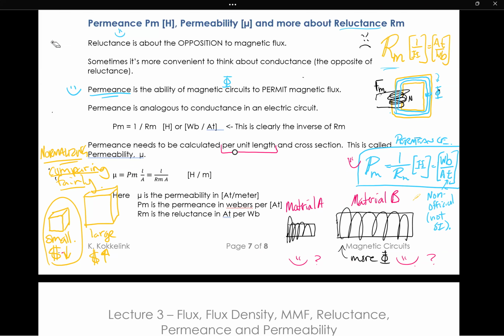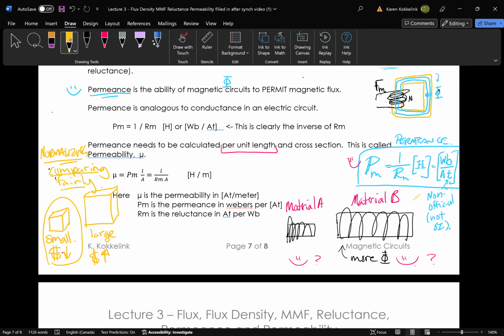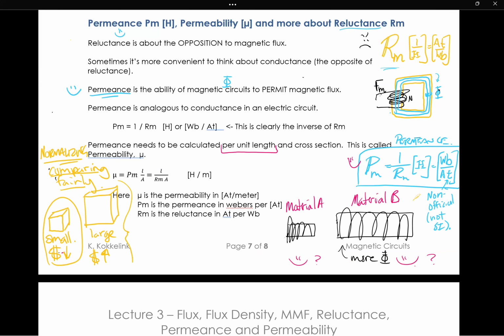So we need to make a fair comparison when we're shopping, right? It's fair to say dollars per kilogram or dollars per gram. So we've normalized that.